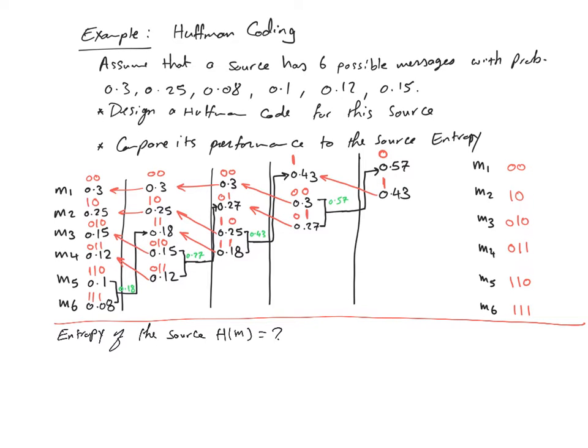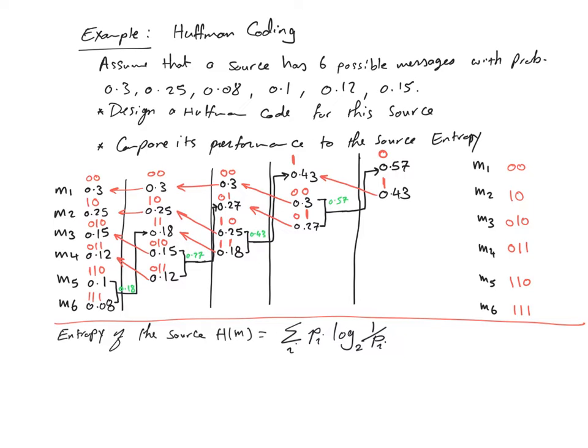The entropy is the summation over all possible messages of pi, the probability of the message, times log to the base 2 of 1 over pi, and you sum over i, which is going to be from 1 up to 6 in this case.